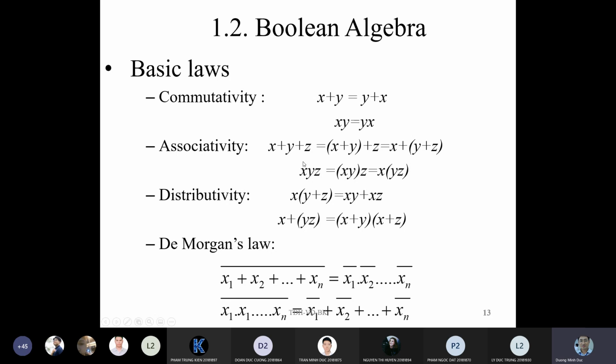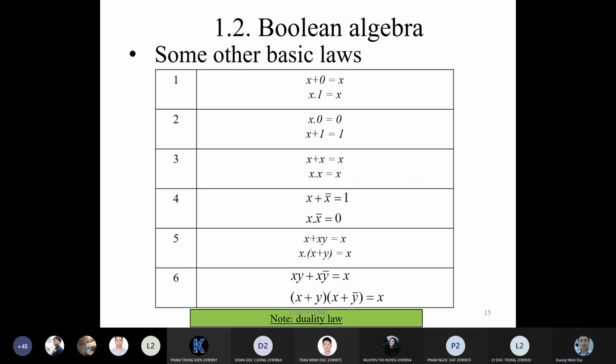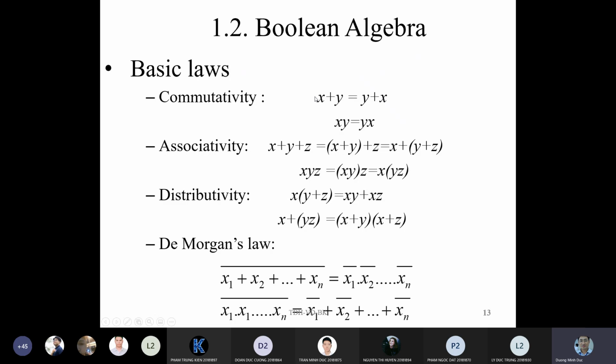Okay, I forgot. So please remember the De Morgan law, and I would like to give you the first exercise, homework. The first homework is: prove the De Morgan law.